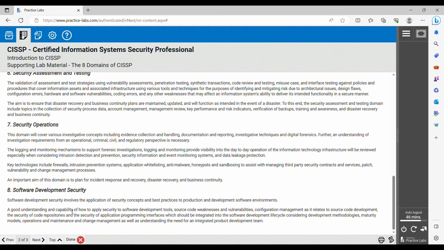A good understanding and capability of how to apply security to software development tools, source code, weaknesses and vulnerabilities, configuration management as it relates to source code development, the security of code repositories, and the security of application programming interfaces should be integrated into the software development lifecycle, considering development methodologies, maturity models, operations, and maintenance and change management, as well as understanding the need for an integrated product development team.